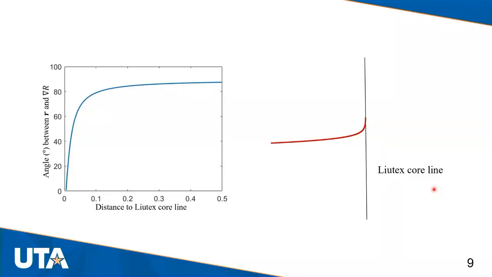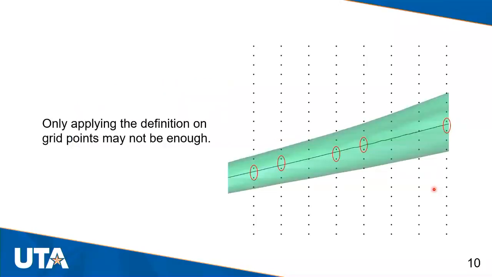It goes to the Liutex center, and when we directly apply the definition, numerically we may give a threshold. If the angle is less than 5 degrees, for example, we consider them parallel. But 5 degrees is super close to the vortex core, and you can see the grid points and the vortex core line position.